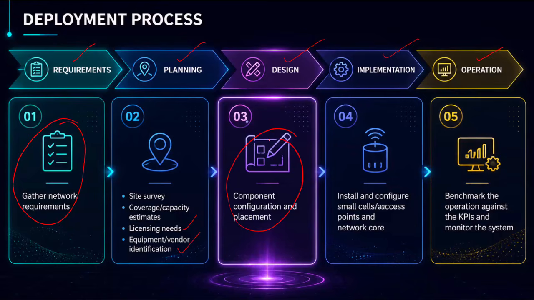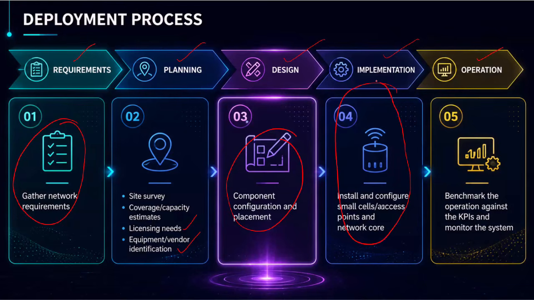Next is design. This is where we decide the actual network configuration and the placement of small cells, or the access points in case of Wi-Fi. Once the design is finalized, we move to implementation: installing and configuring the radios, network equipment, and core, and integrating and testing the complete solution.